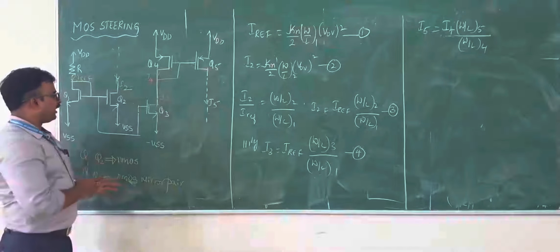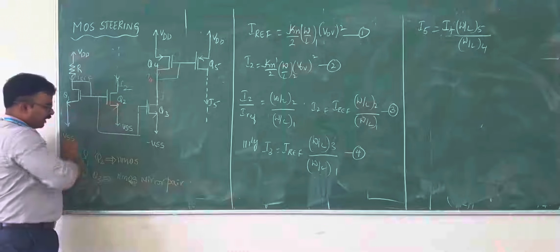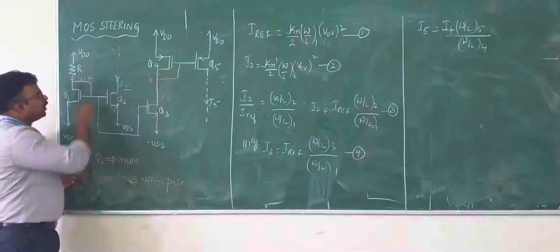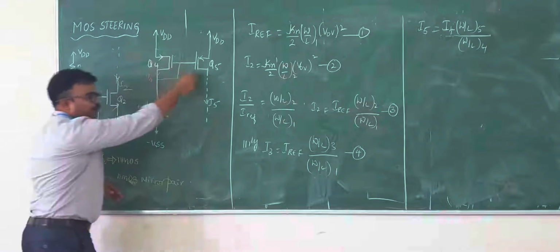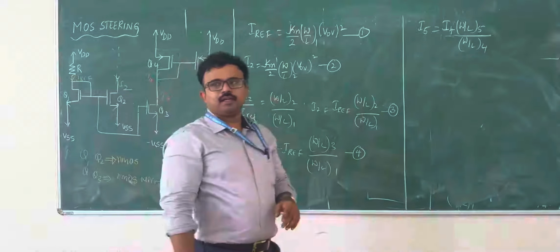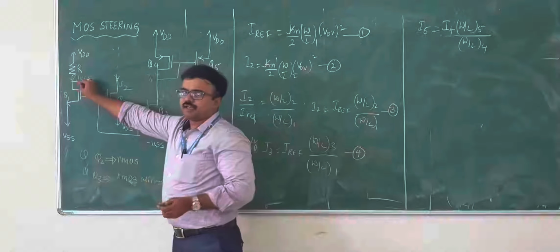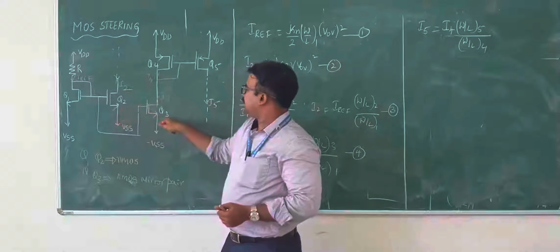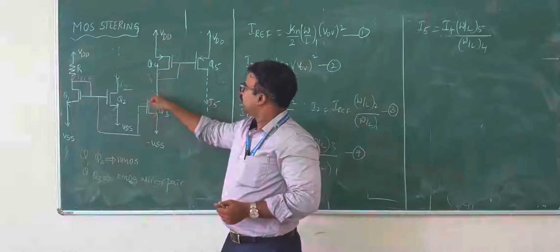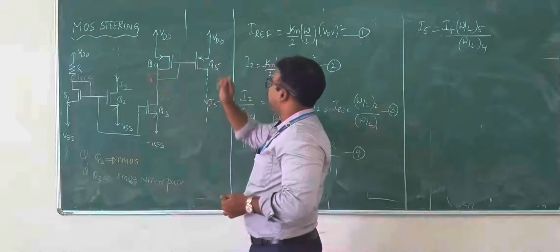The circuit functionality works well, saying that Q1, Q2 is a current mirror pair with NMOS. Q1 and Q3 is a current mirror pair with NMOS again. Q4 and Q5 is a PMOS mirror pair. Now let me identify the different currents in the circuit: I reference through transistor Q1, I2 through transistor Q2, I3 through transistor Q3, I4 through transistor Q4 and I5 through transistor Q5.